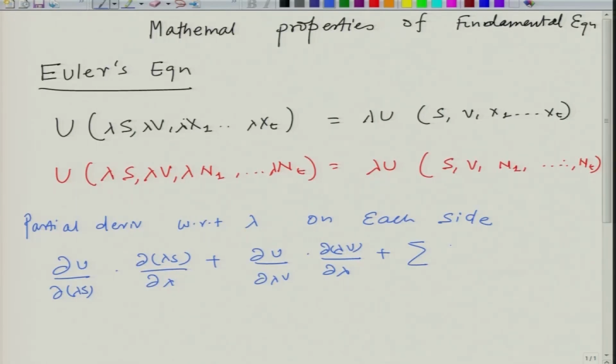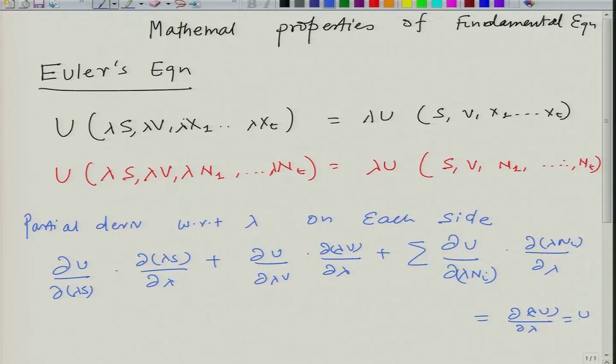So, I can write it as del U by del lambda N i times del lambda N i by del lambda. Okay. And the right side would be simply del lambda U by del lambda, which is nothing but U. Okay. So, the right hand side is U.